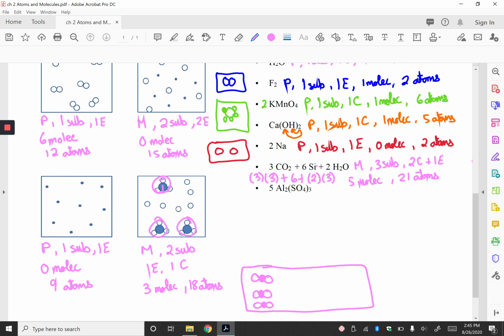There are your 3 CO2s. Then we have these 6 Si. I'm going to make those maybe bigger: 1, 2, 3, 4, 5, 6. Let me put a line through them so we can distinguish them. All right, so there are my 6 Si. And then I have 2 H2Os.